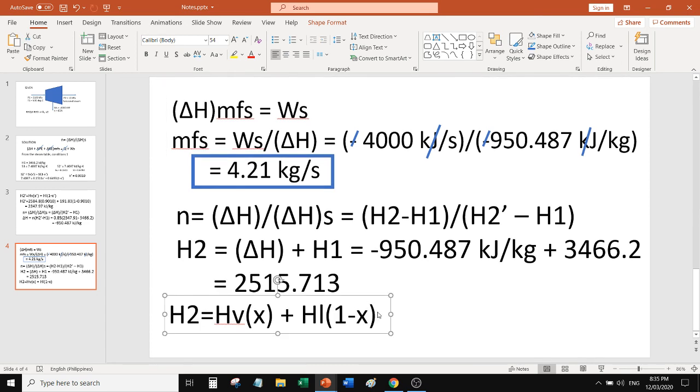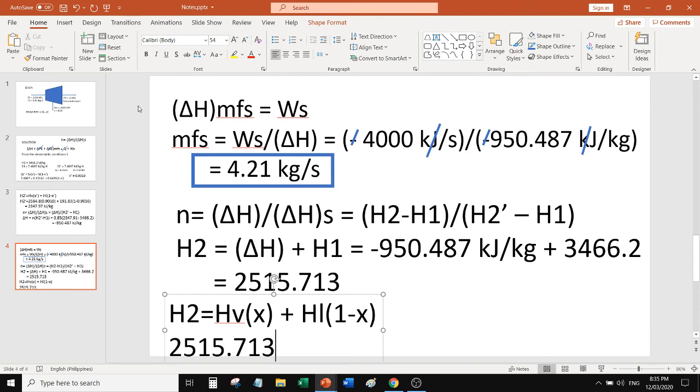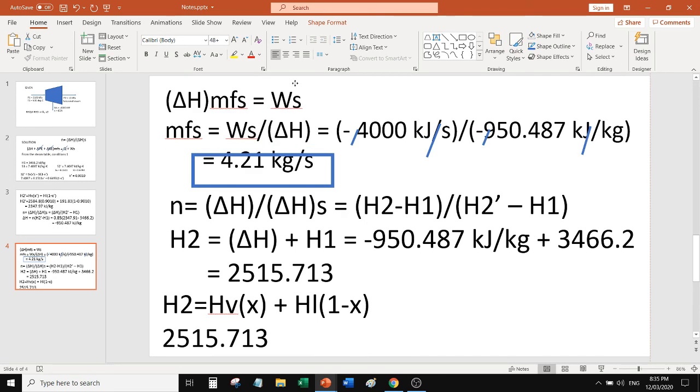Tanggalin ang mga prime, palitan, i-substitute yung values. So, H2 is 2515.713, equal, alam mo yung HV.